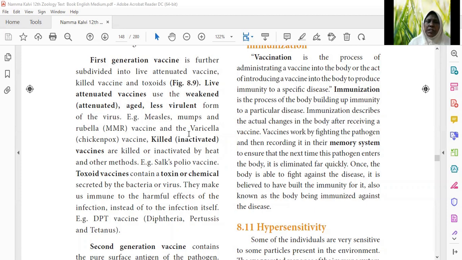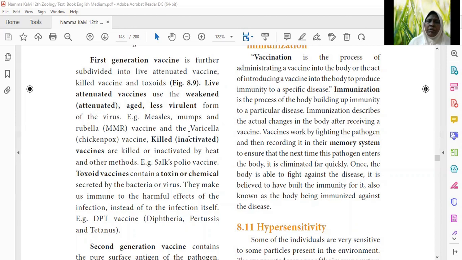They are prepared using weakened or attenuated microorganisms, that is, their force is reduced, or they are prepared using a less virulent form of the virus. So they won't be that effective in causing disease. When such preparations are made using weakened or less virulent forms of the virus, such vaccines are called live attenuated vaccines. So this is the first type which comes under first generation vaccine.